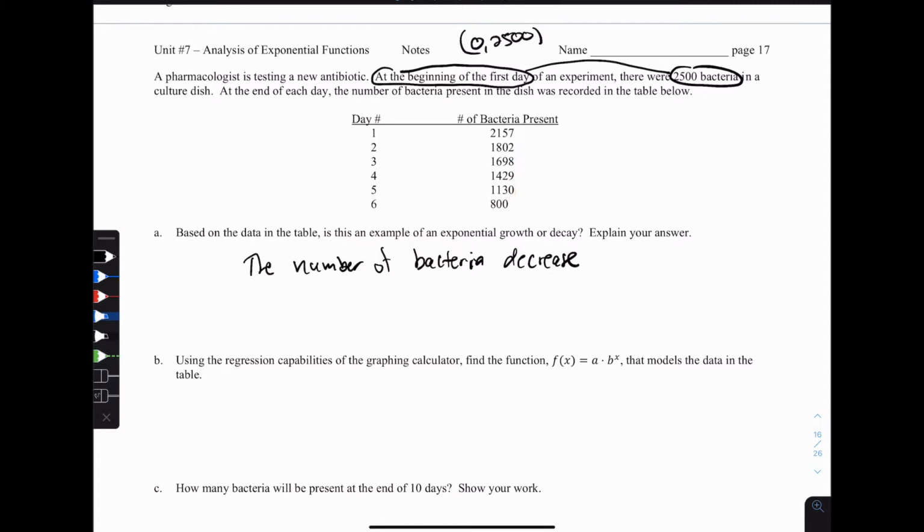Decreasing at a decreasing rate. I believe we would find that to be true. Therefore, it's exponential decay. It has to be exponential because we're told that it is.